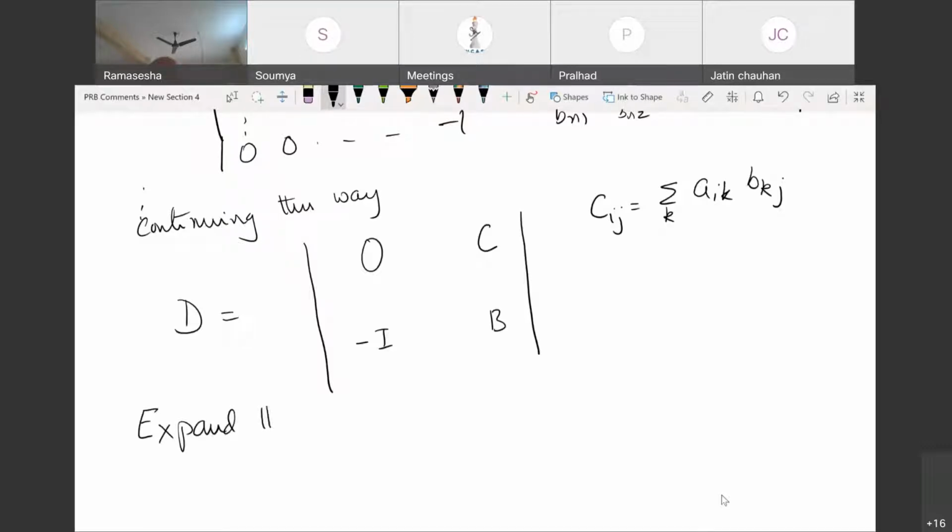Now expand the determinant by columns. Then what you will get is the following.